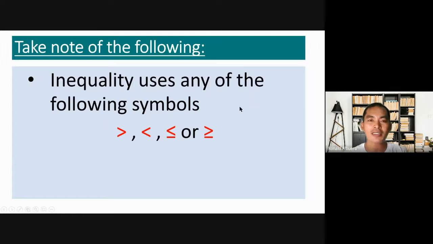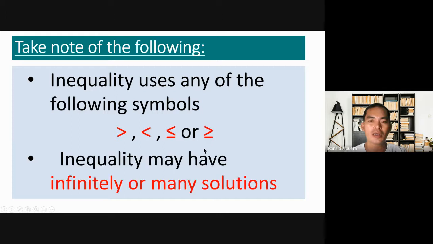Inequality uses any of the following symbols. The first symbol is greater than. The second is less than. The third is less than or equal to. And the fourth is greater than or equal to. Take note that the solution of an inequality is infinitely many.